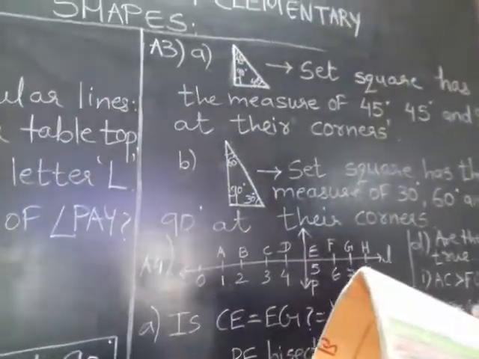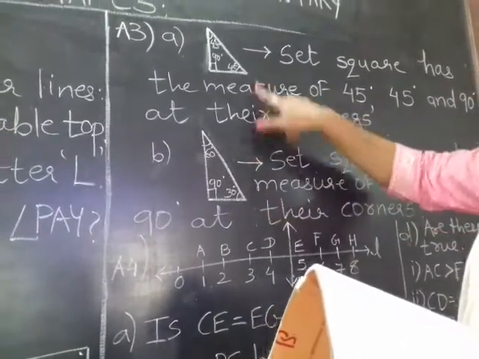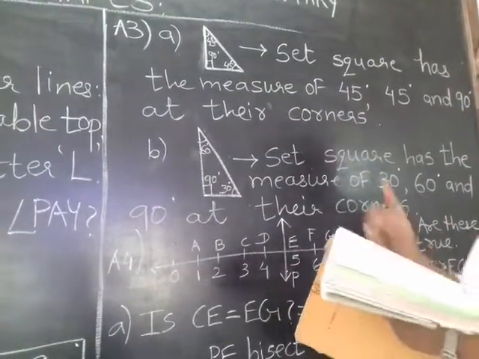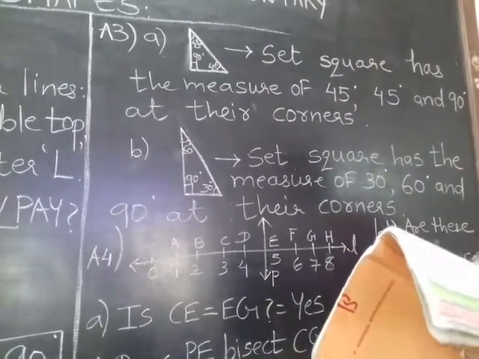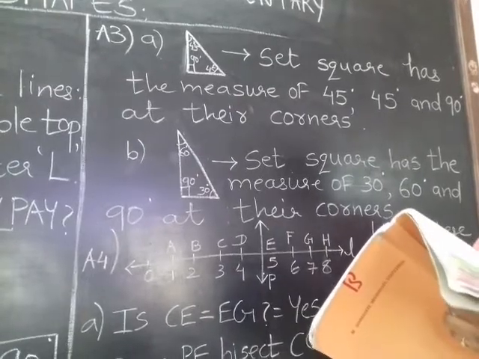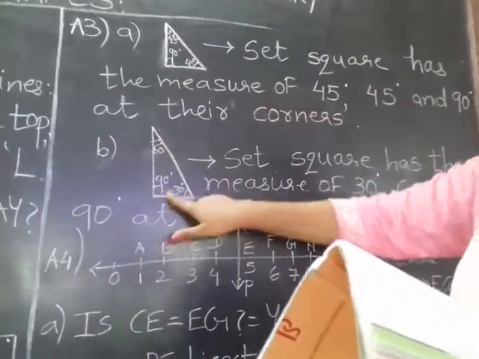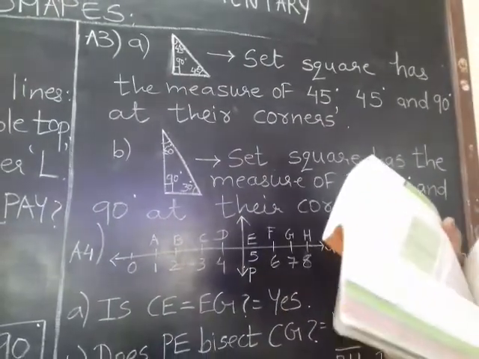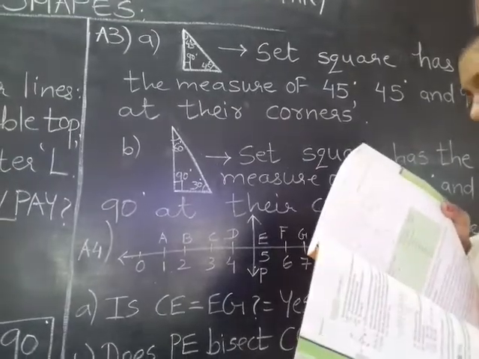Coming to the third, there are two set squares in your box. They are of this shape. They are called set squares. Now what is the measure of the angles of the corners formed in the set square? These are the corners. Do they have any angle measure that is common?